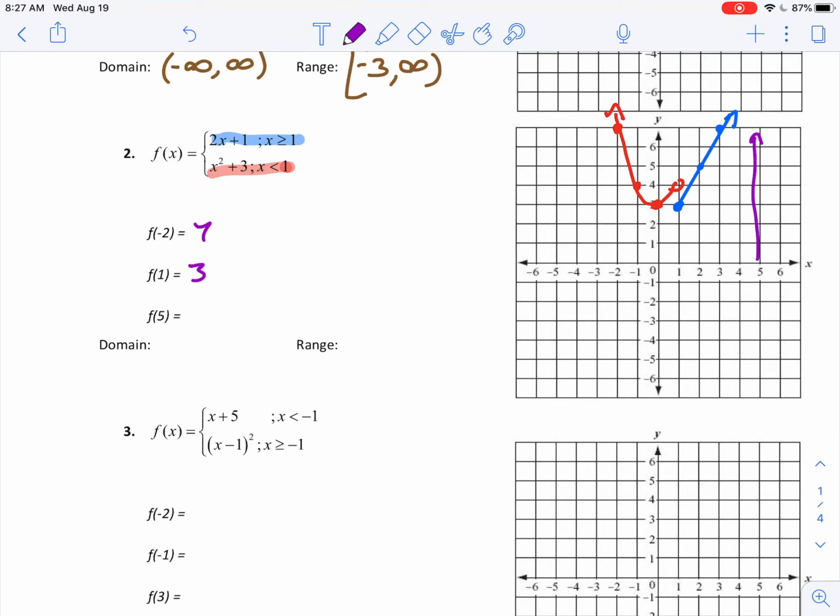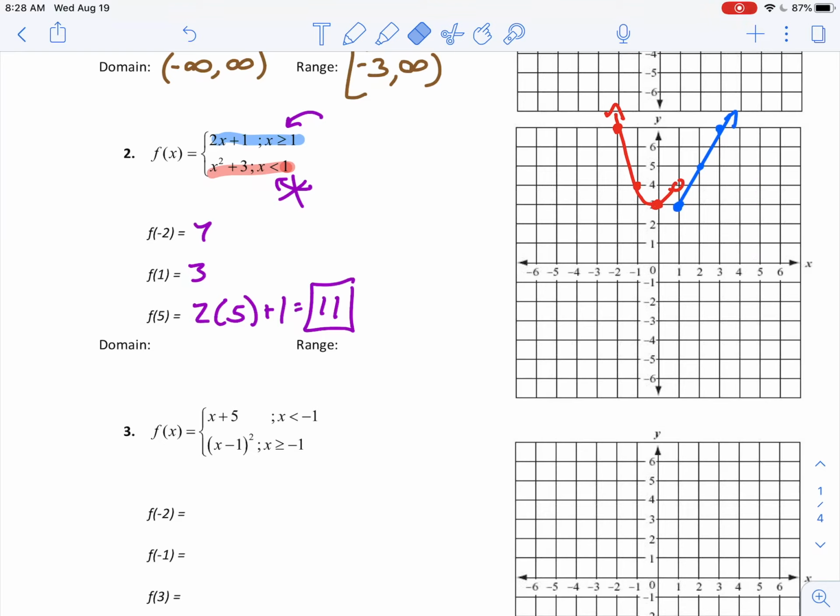Or if you look at the intervals, 5 is greater than or equal to 1. 5 is not less than 1. So I'm going to plug 5 into the top portion of my piecewise function. So I'm going to say 2 times 5 plus 1, and that would give me 11.